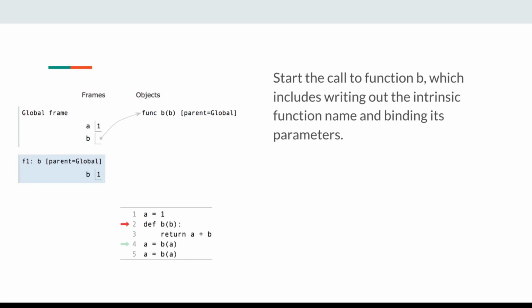Then we returned A plus B, and A back in our global frame is still 1, and B is 1 as we inputted through our parameter. So 1 plus 1 became 2, and we set A equal to 2 because on line 4 it says A equals the return value of BA. Since the return value of BA was 2, A in the global frame will be changed to 2.